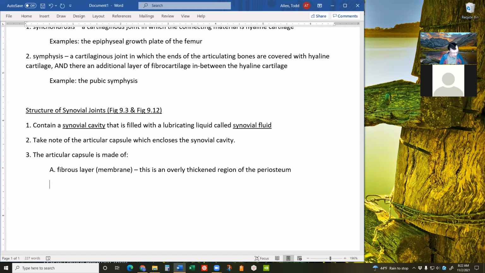In addition to that, you'll also take note of the language synovial membrane. There's a synovial membrane as part of the articular capsule. This membrane is actually made of areolar connective tissue, which has quite a bit of elastic fibers, which allows for a little bit of stretchiness within the joint.